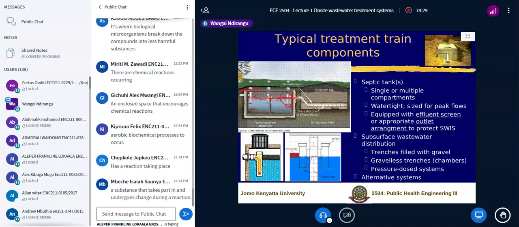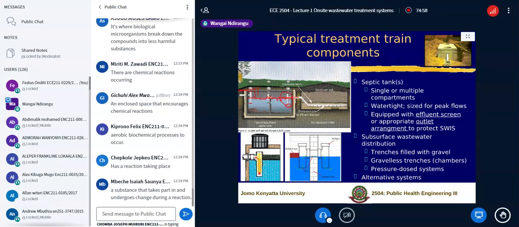One, reaction. Some people are saying biochemical, others are saying chemical, others are saying nuclear. But in a reactor, a reaction takes place. It's a place where the reaction takes place. So in a septic tank, is there a reaction taking place? Yes, because we are converting biological matter to a less harmful system.